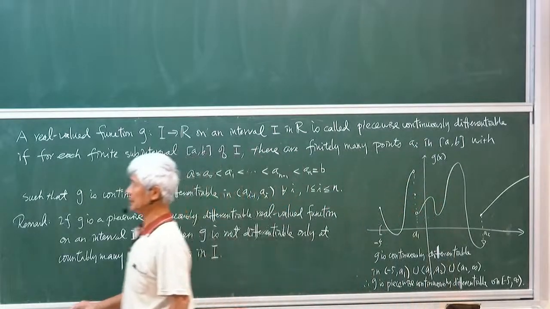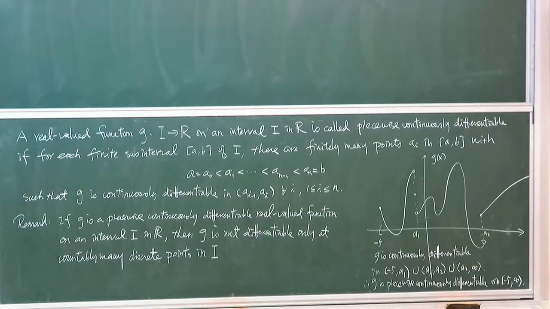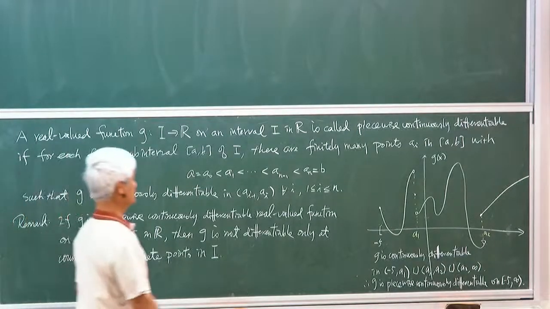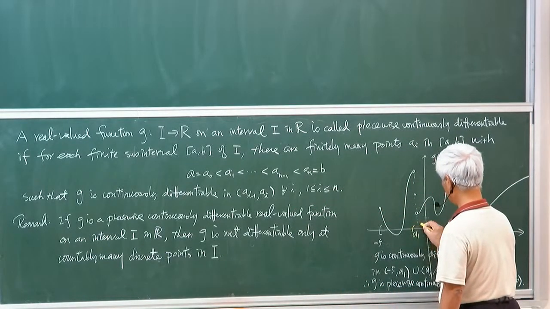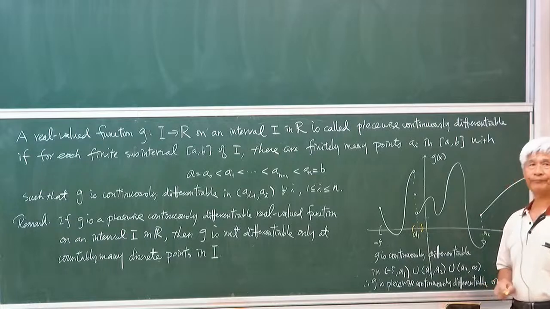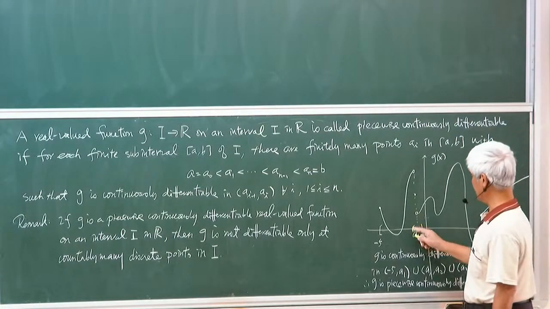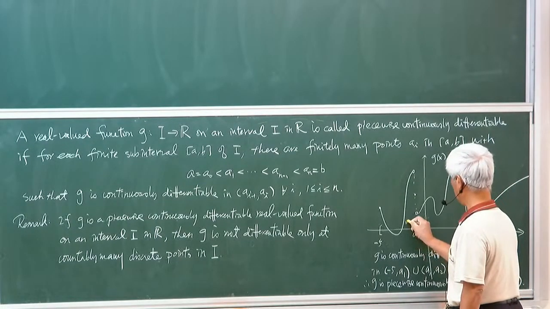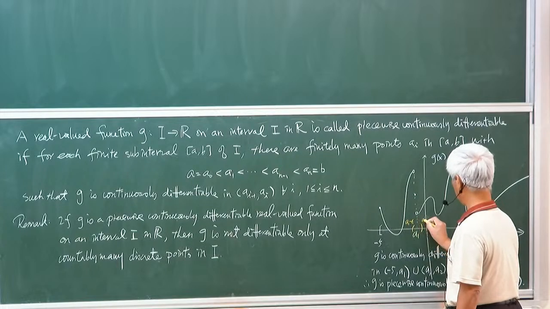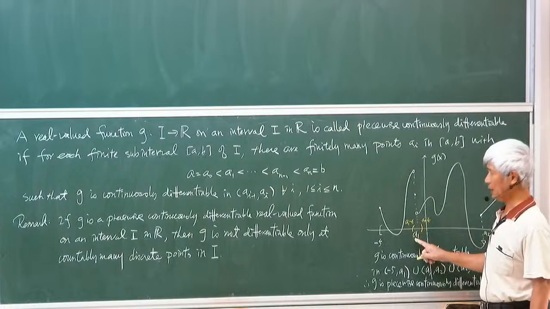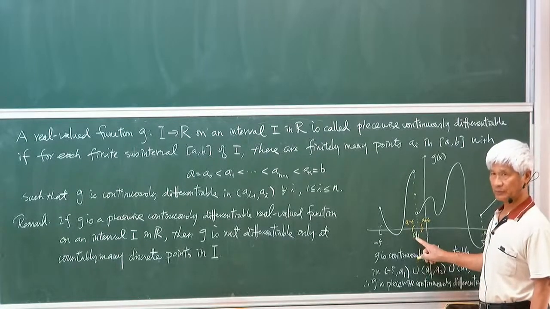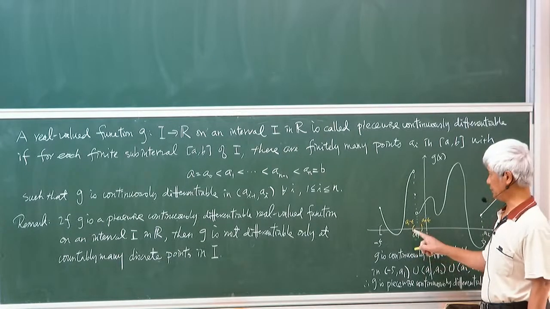Discrete point means that a_1 is a discrete point. Why? Because in a very small interval, a_1 minus epsilon, a_1 plus epsilon, there is only one point which is not differentiable. It's called a discrete point.